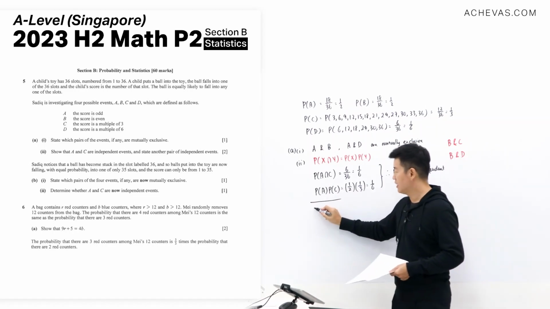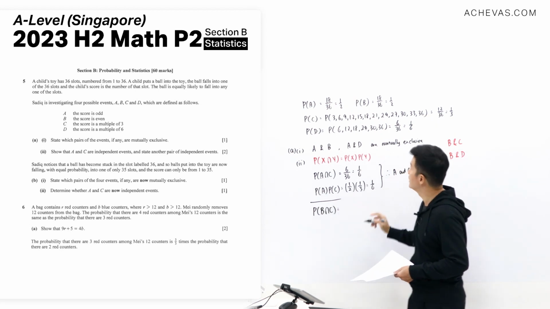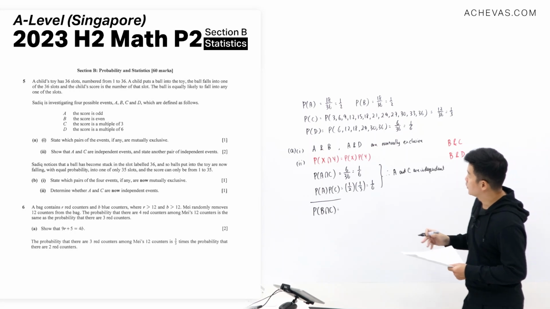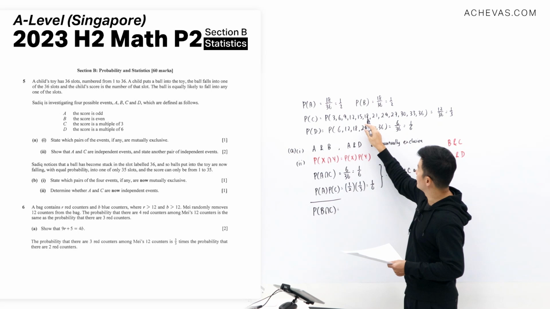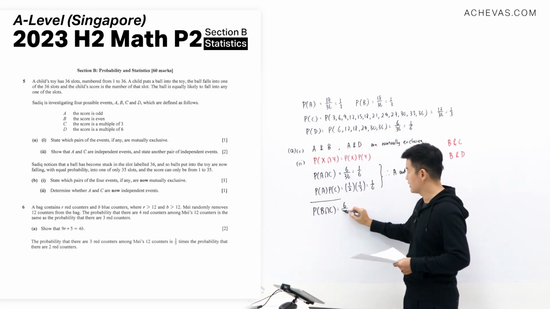For B and C, we are going to analyze the probability of B intersect C first. B will be scores that are even numbers, so let us count the even numbers: 1, 2, 3, 4, 5, 6. So this is going to be 6 over 36, which is equal to 1 over 6.